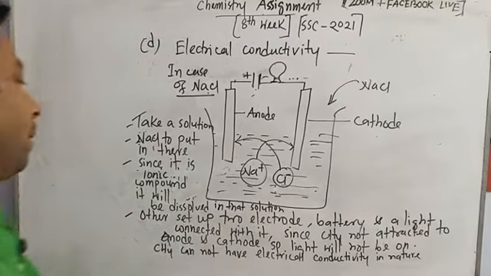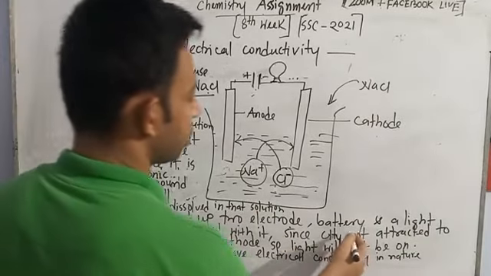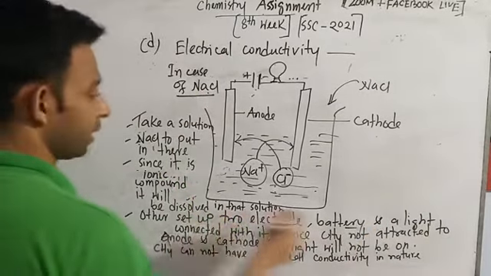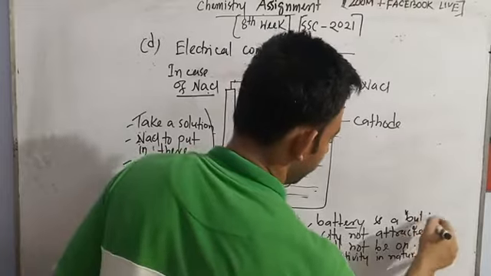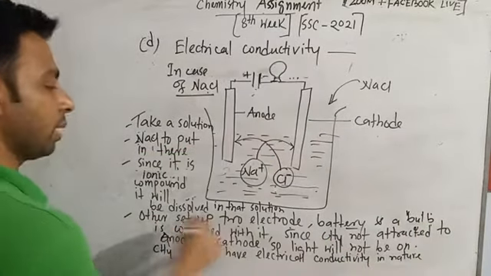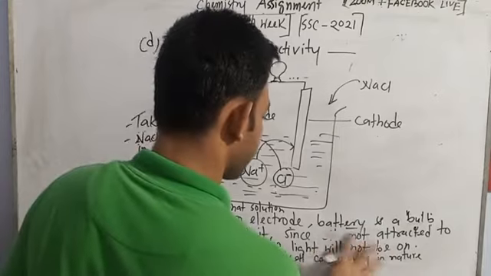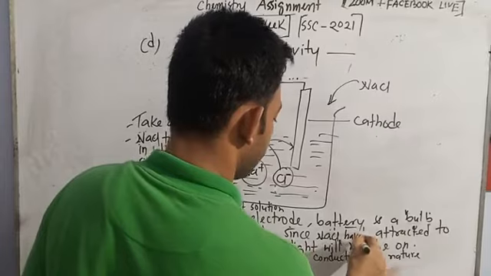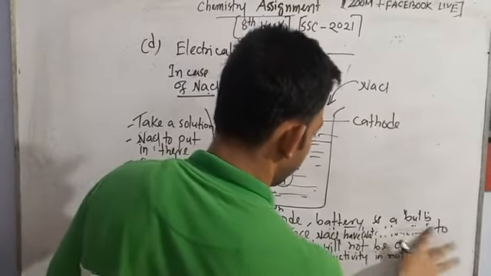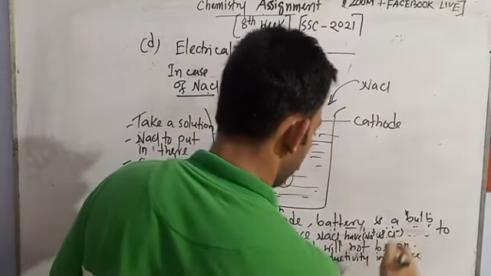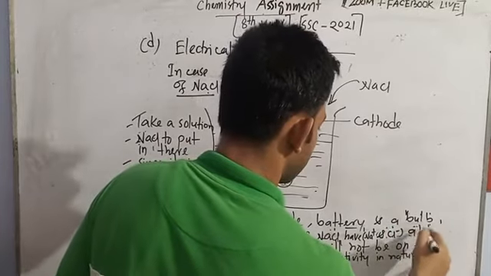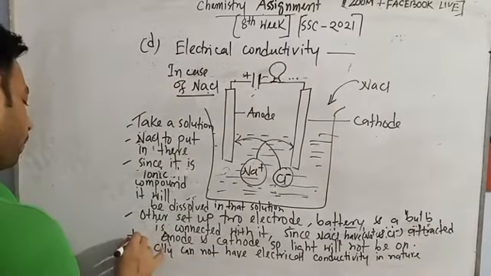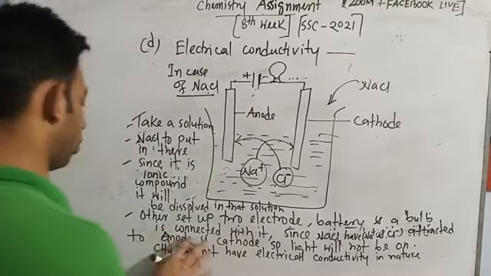Okay. Other setup: two electrodes, a battery, and a light, or bulb. I write the bulb, sorry. The bulb is connected with it. Since sodium chloride has sodium ion plus chloride ion, the sodium ion and chloride ion are attracted to the cathode and anode, vice versa.